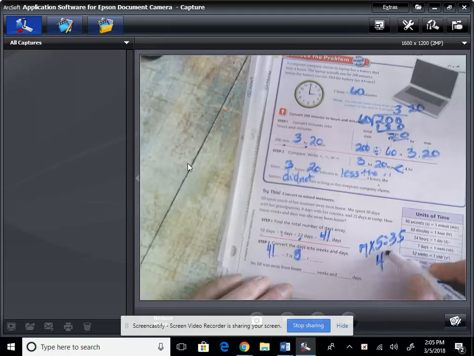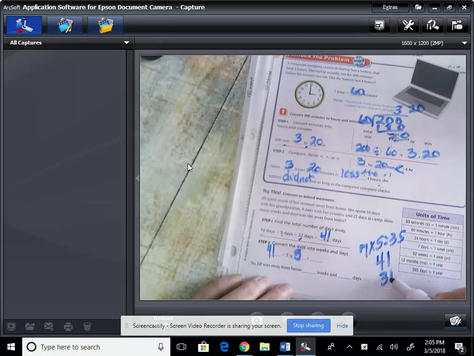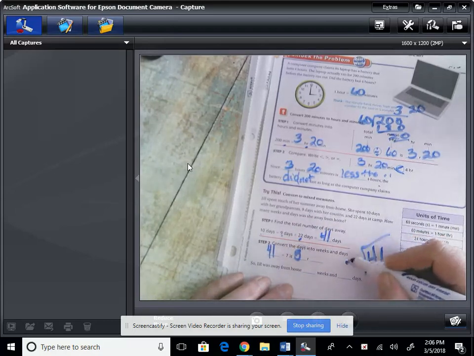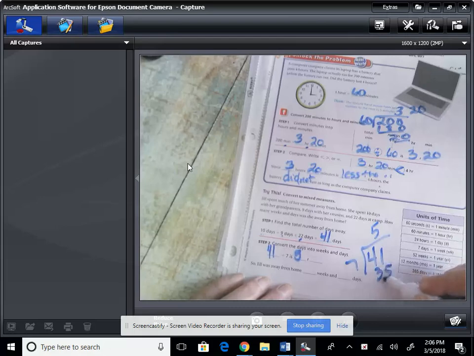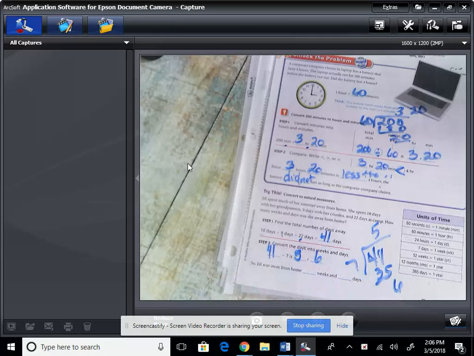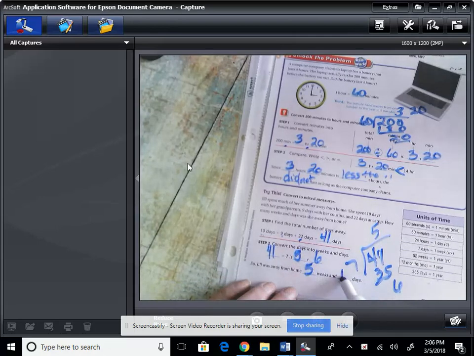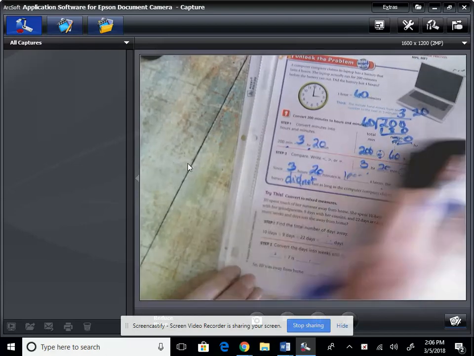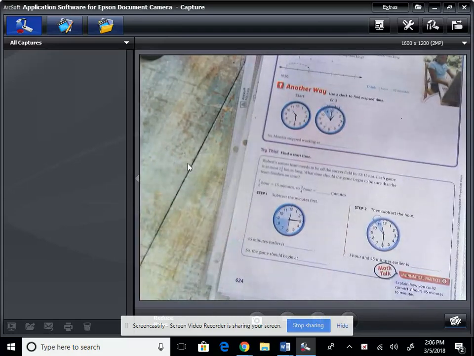Now I have to subtract 35 from 41. Oh, I should have divided so that you guys saw that. 41 divided by 7 is 5, with a remainder of 6 days. So she was away 5 weeks and 6 days. As long as you remember smaller to larger, divide; larger to smaller, multiply.